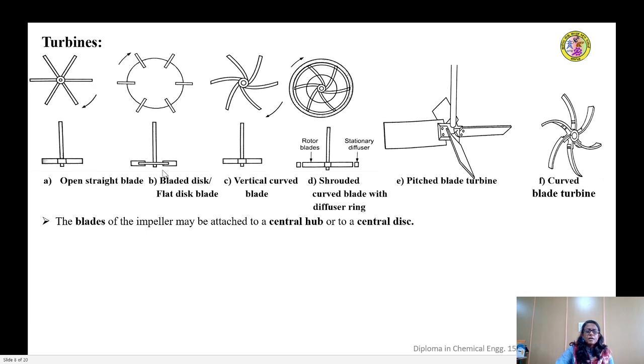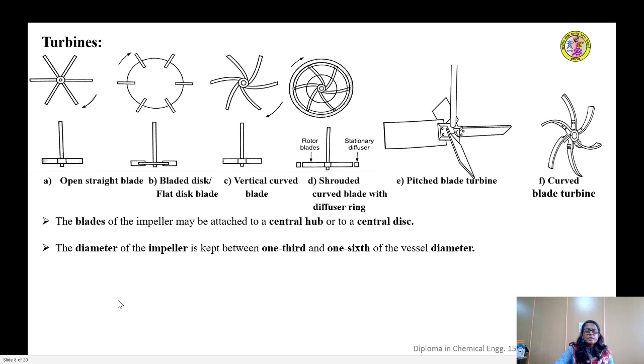Or there can be a circular disc which is fixed to the central shaft, perpendicular to the axis of the central shaft. Then you can fix the rectangular shaped blades to the outer side of the central disc. So that is how we can mount the blades in a turbine impeller.